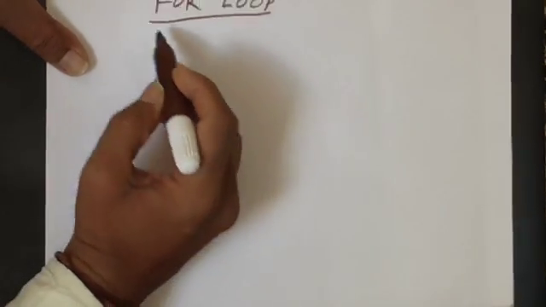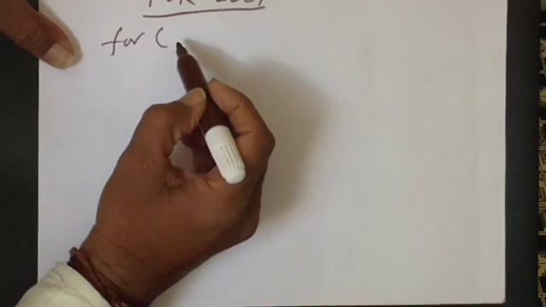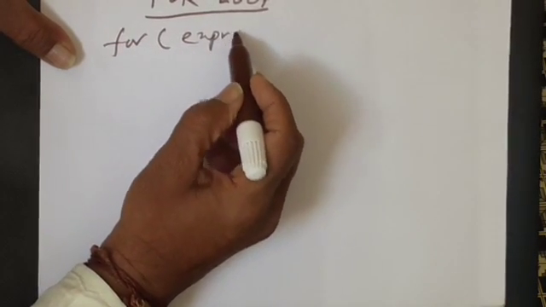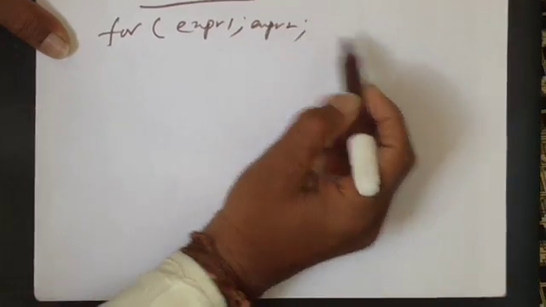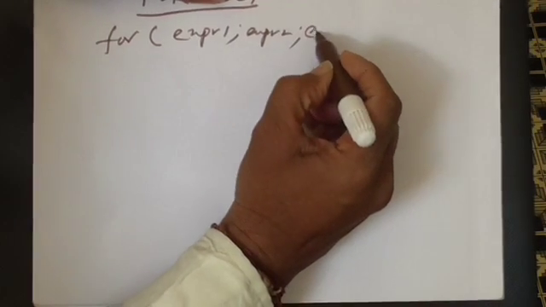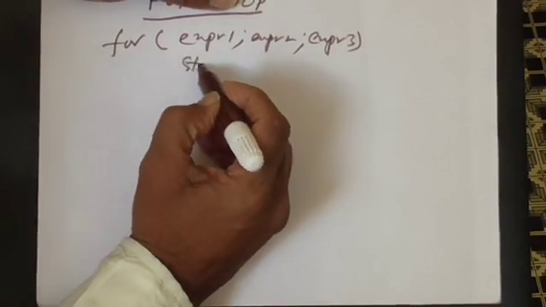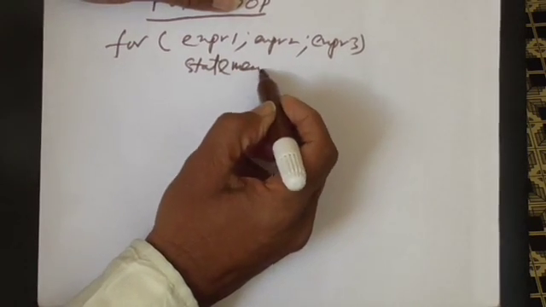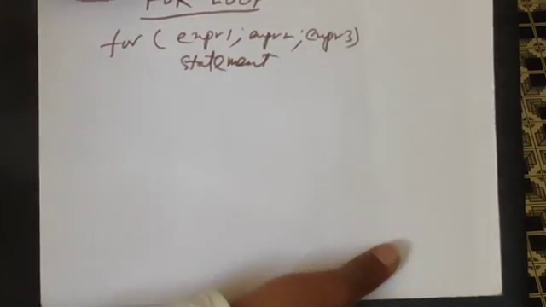So the syntax of for loop in C or C++ is: for (expression 1, expression 2, expression 3) statement.